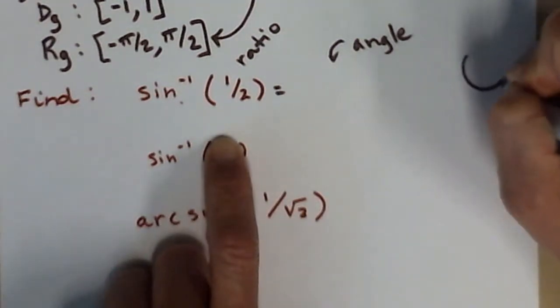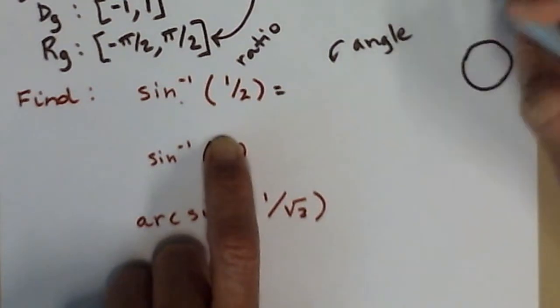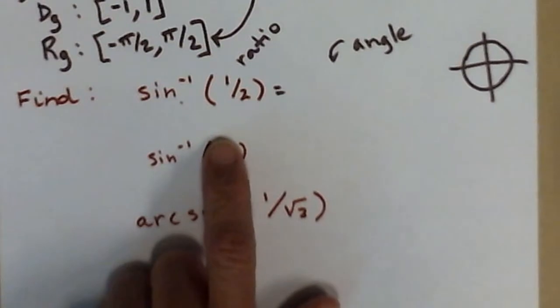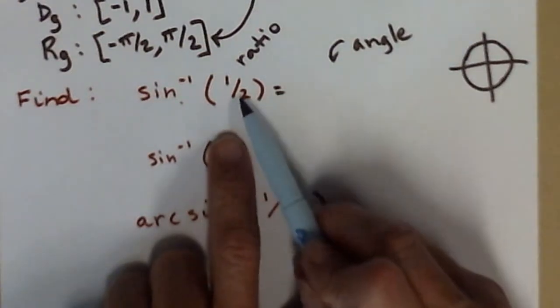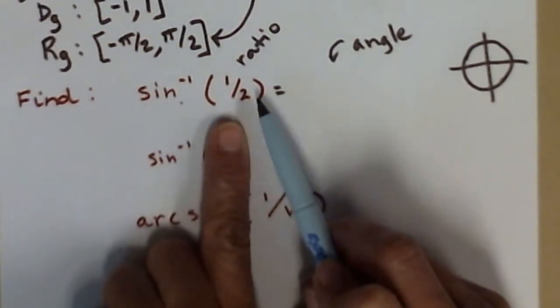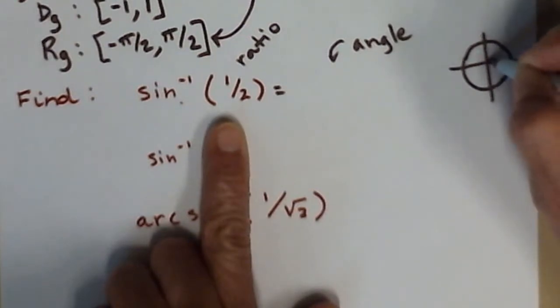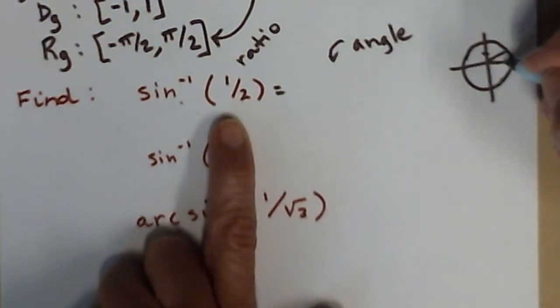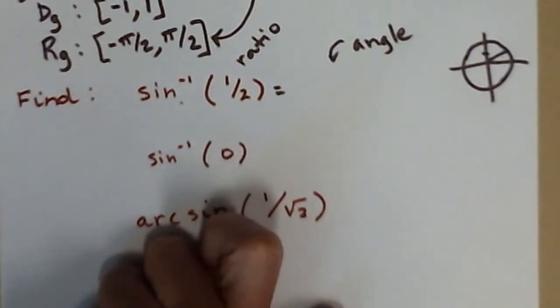So really that unit circle can be so helpful because I need my sine values or my y values, and I need that to be 1/2. So I need the y value here on my unit circle to be 1/2. Well, what angle leads to that?